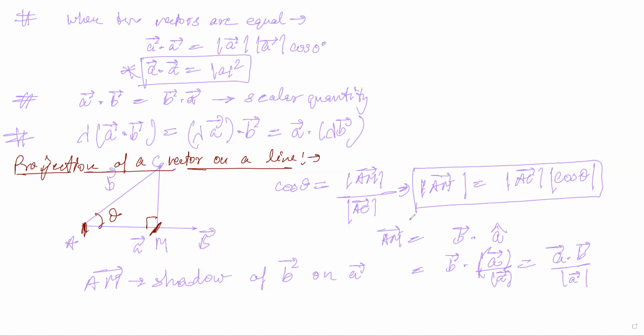So you have to take the vector itself and the unit vector along the line you need the projection on. If you are taking the projection of B on A, in that case B vector dot with A cap. And if you're taking another P and Q vectors, let's say, so this is Q, this is P. Can you find out the projection of Q on P?